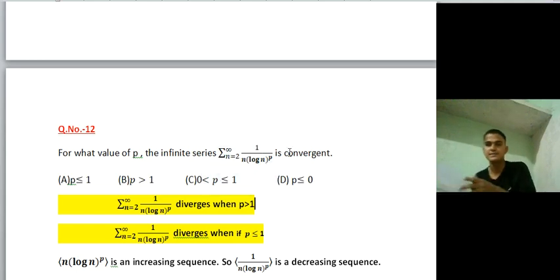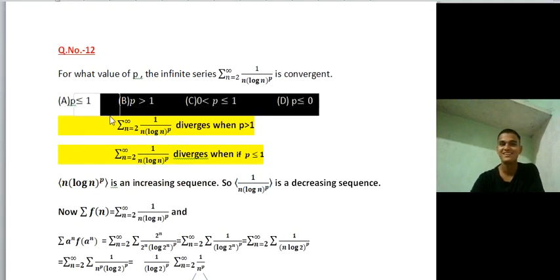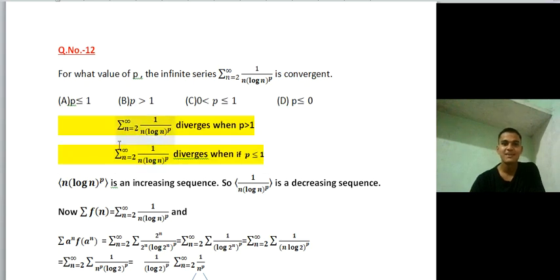You can also see Jidas Sputnik book, page number 103, example number 14. So we will take this series. Actually you should remember this like a result.